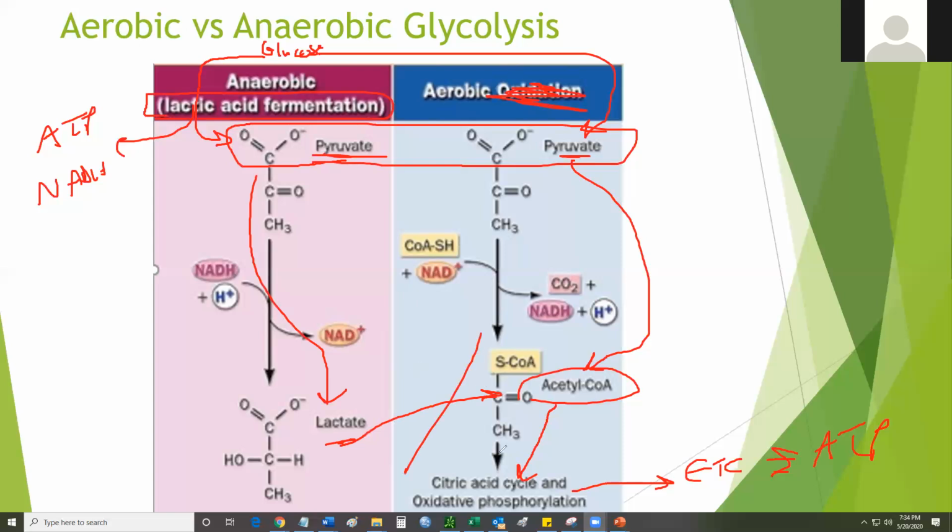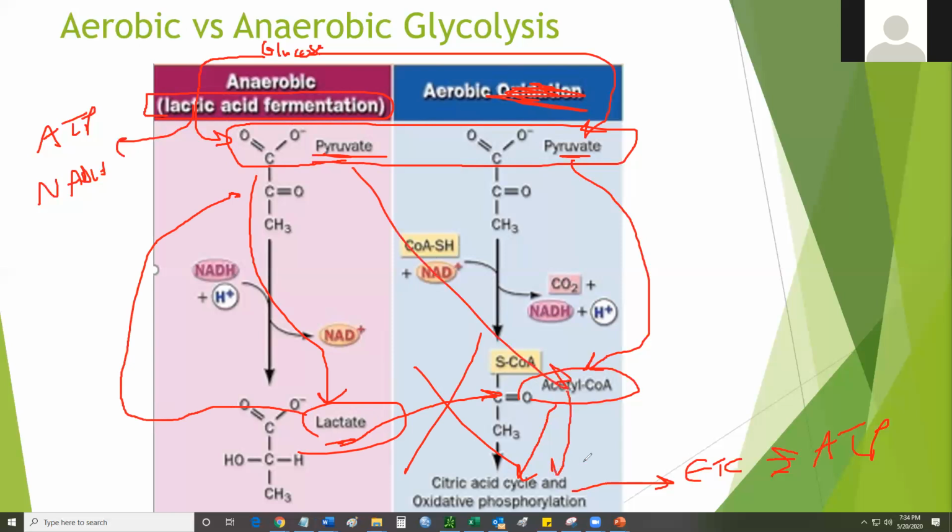It doesn't happen. What happens here is that we have to take our lactate and then further convert this through a lactate dehydrogenase enzyme before this can then be converted back into pyruvate, into acetyl-CoA, and then into the citric acid cycle.